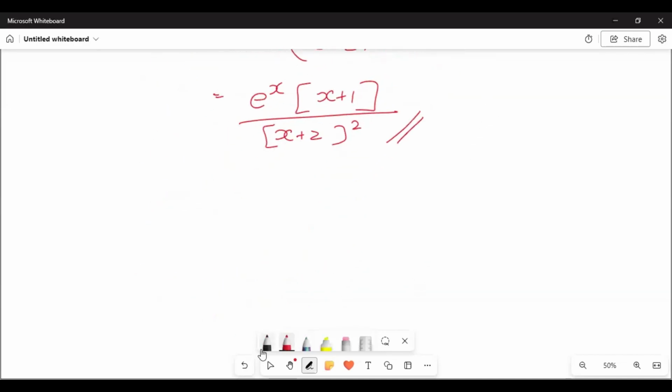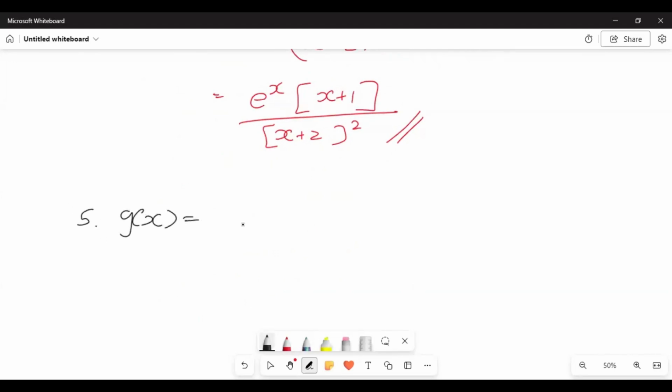Okay, last one. g of x equals x to the power of 2 plus 4 divided by 2x plus 5.